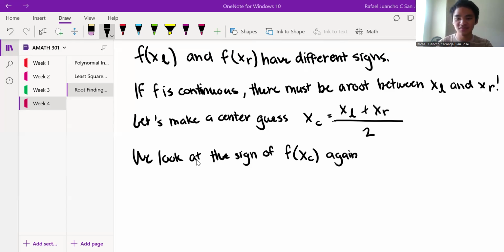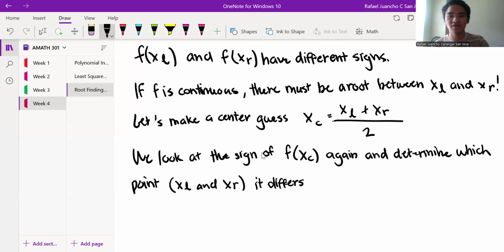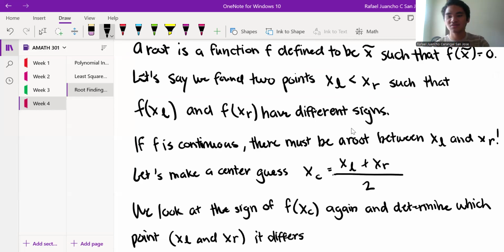Which one makes it different? Because we're saying x L and x R have different signs.